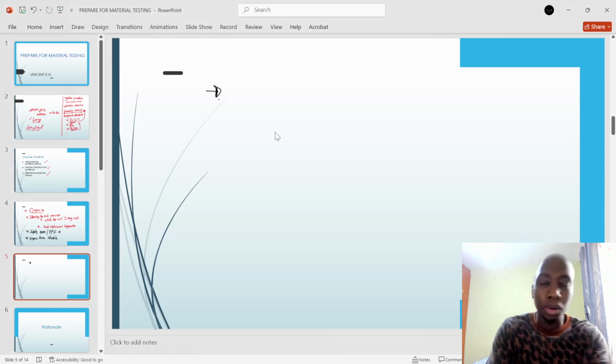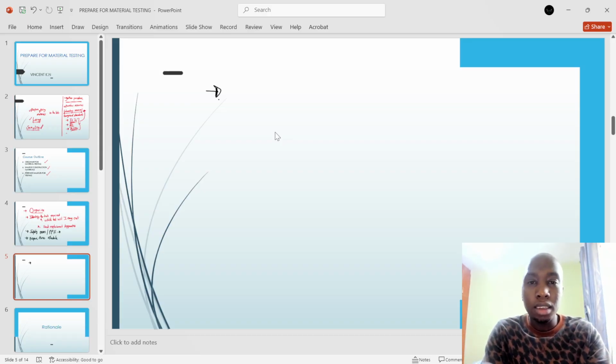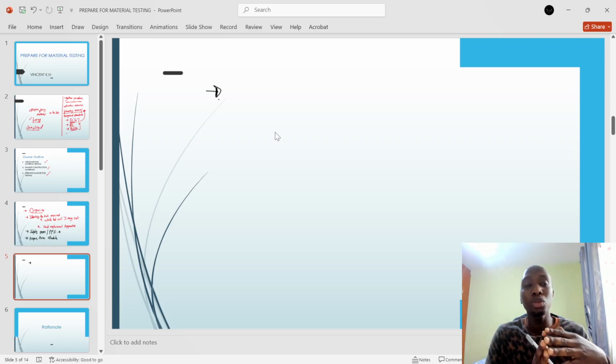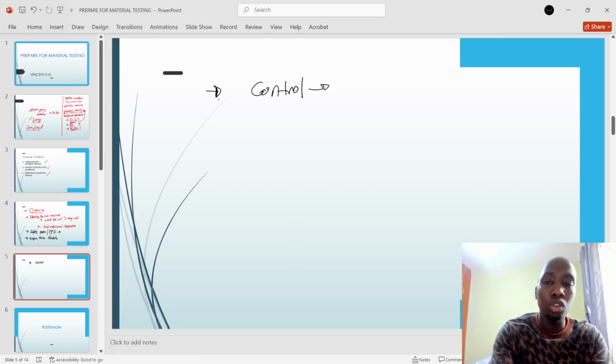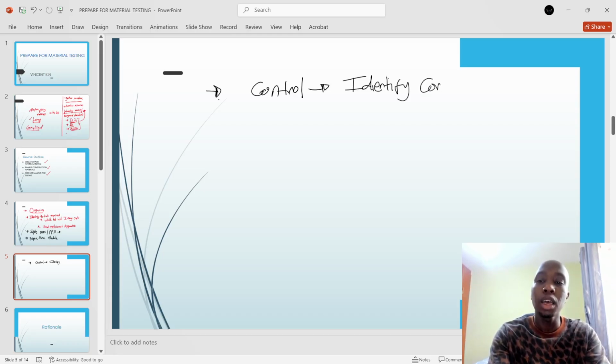So there are tests, for instance when you're doing research, where you need to have something that you check against. It's called a control. So Tony is telling us that you need to identify control samples.